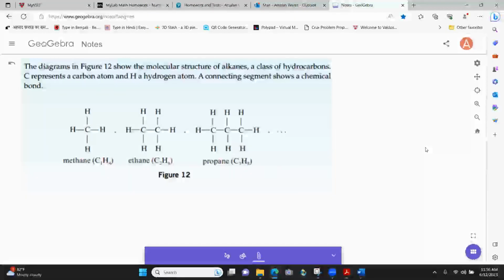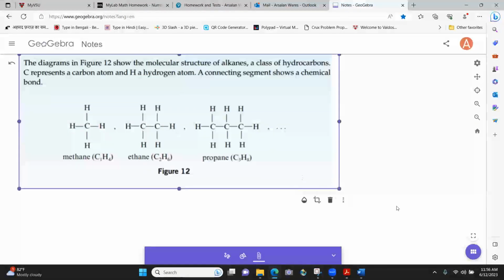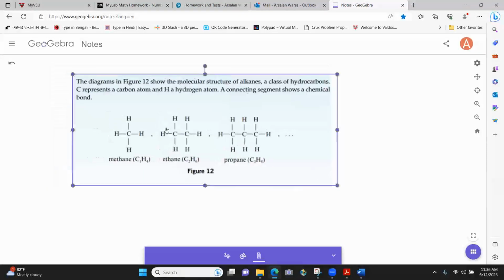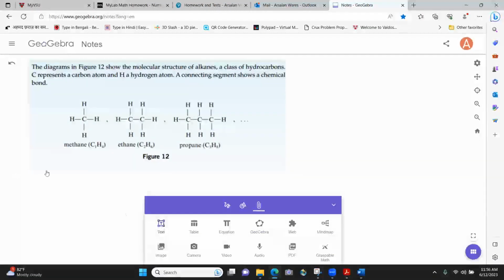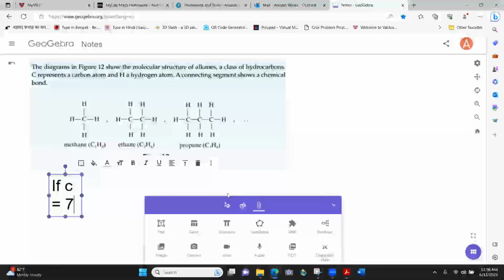I'll tell you how many hydrogen atoms, let's write it down. So this is the main question or a structure that's in your book, okay? The question I could ask is, if C is 7, find H, the number of H.